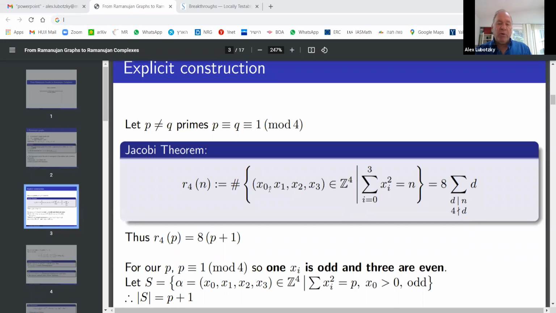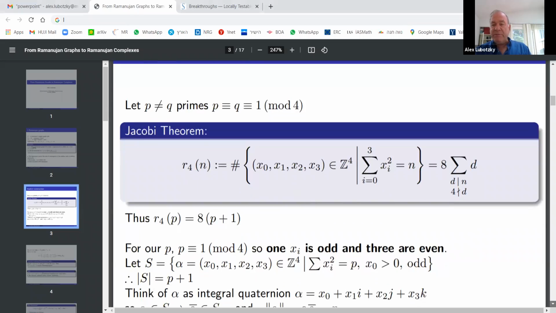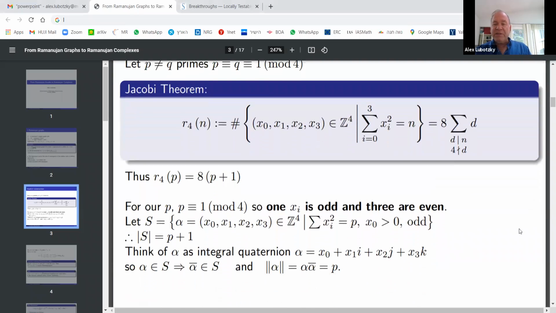So it's the number of all 4-tuples x0, x1, x2, x3 in Z^4 such that the sum of their squares equals n. And the theorem says that this is equal exactly. For many results like that, sometimes we have approximations; here it's an exact formula. It's 8 times the sum over all the divisors of n which are not divisible by 4.